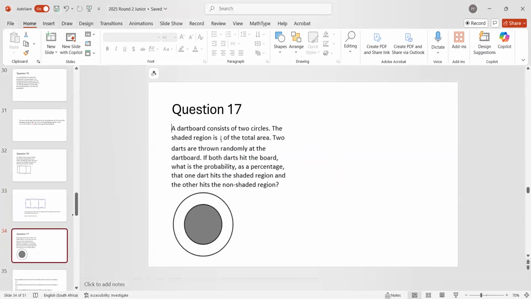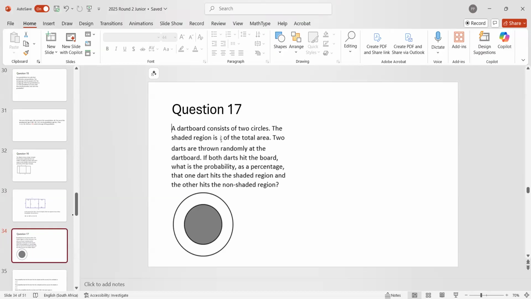Okay, let's go to question 17. Question 17 says, a dartboard consists of two circles, or you can see this dartboard. The shaded region is 2/5 the total area. So this part here is 2/5. That means the unshaded will be 3/5.